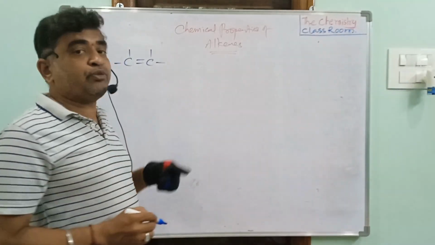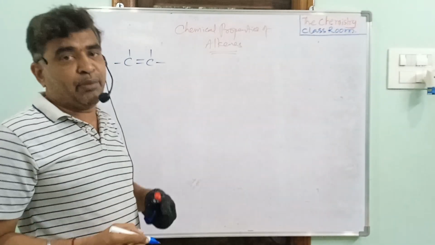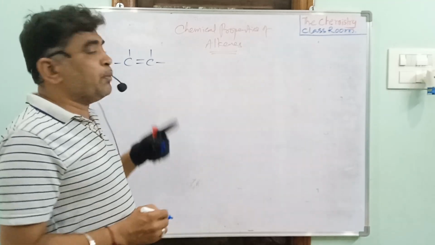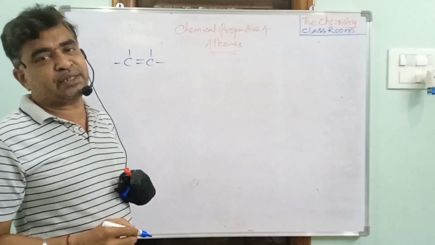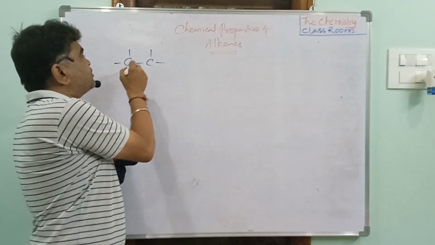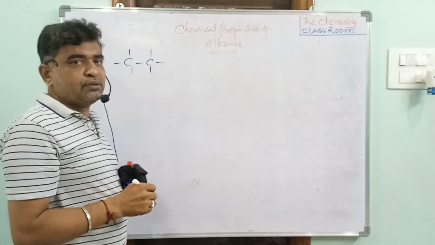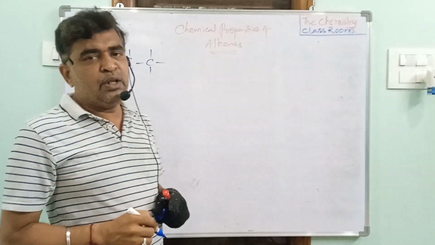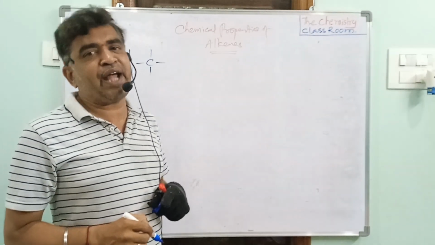The pi bond is very weak when compared with the sigma bonds. So the pi bond is broken and involved in the chemical reaction. The pi bond is broken and two atoms are added to the carbon atoms, so automatically a new compound is formed. What is it called? Addition reaction.